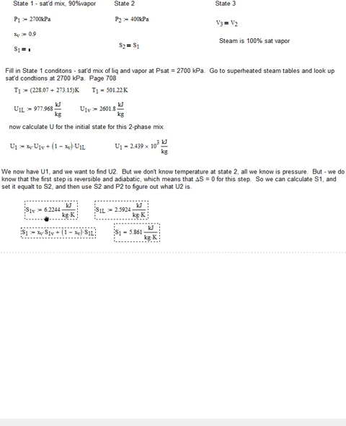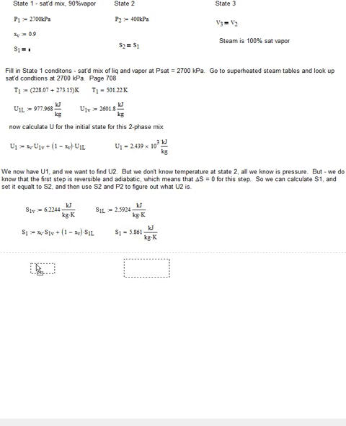So we go back to our 2700 kilopascals. We have our saturated liquid entropy, which is 2.5924, and our saturated vapor, which is 6.2244 kilojoules per kilogram Kelvin. Put that into our extensive property relation; this is our entropy.